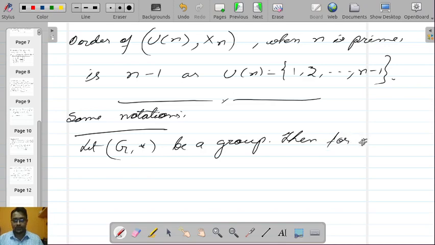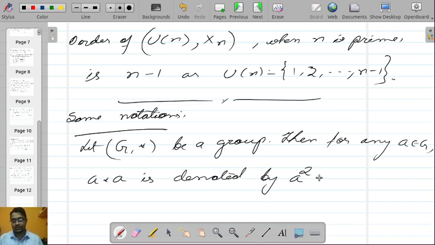For any a in G, a * a is denoted by a square. A square means a operated on a itself.